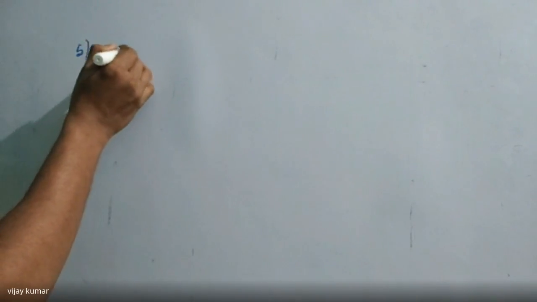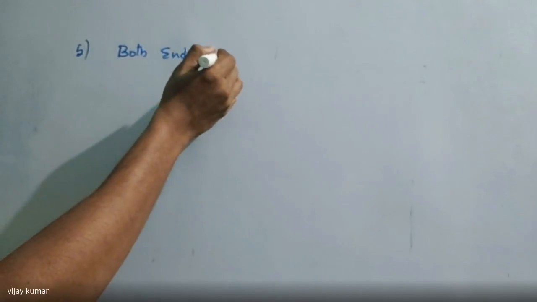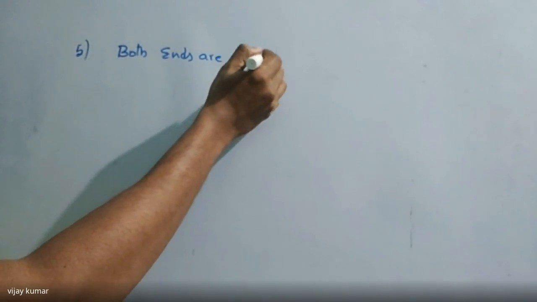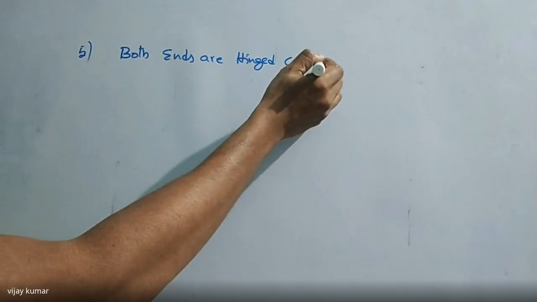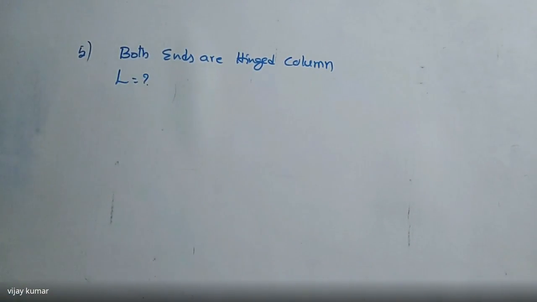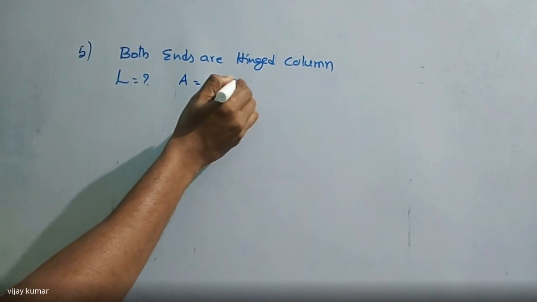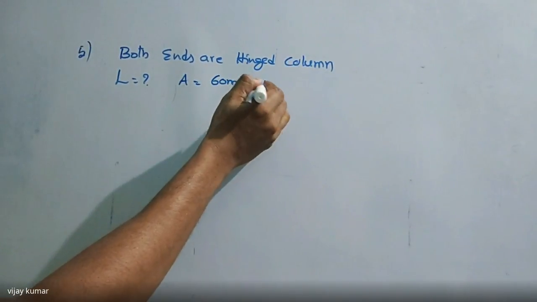Both ends are hinged column is given. We have to find what is the length of the column. Cross section is given. Area of cross section is given, 60 mm into 100 mm.